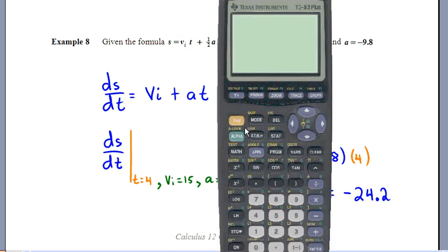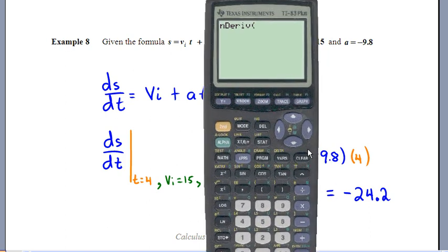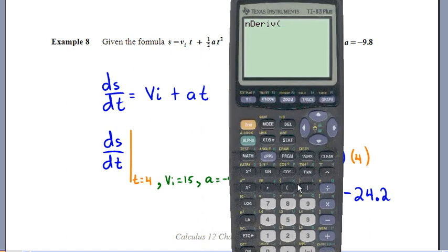And my calculator is not very smart. It can only do this numerically by just wiggling the numbers a bit, but it'll try. I'm going to hit the math menu. And so I can say, yeah, derivative please, which is number 8. Now I've just got the older TI-83, so it's a bit messy looking. I'll show you what you would type in on the TI-84 in a second. But I'm going to basically type in that algebra. So it's V, if I can find my V, plus AT.